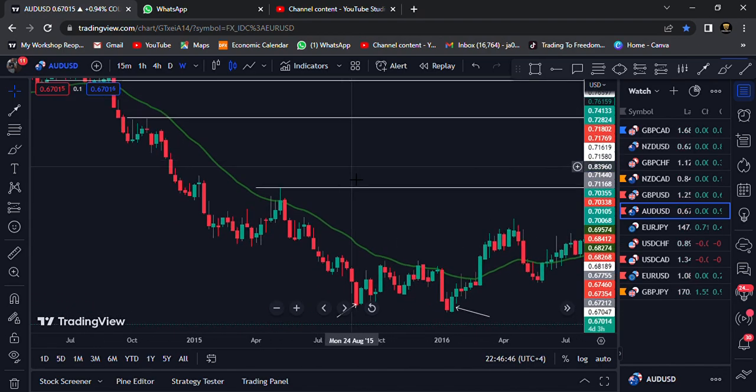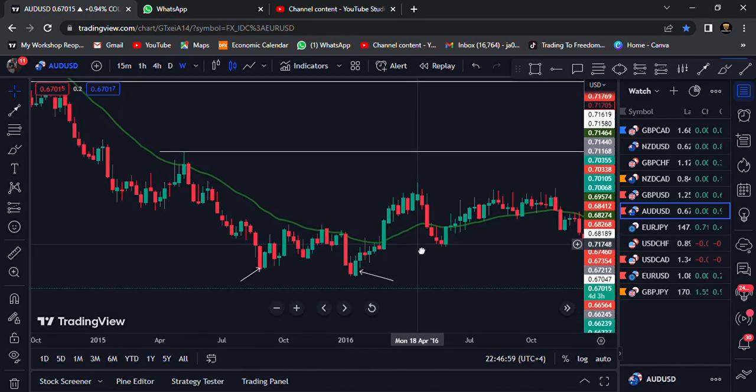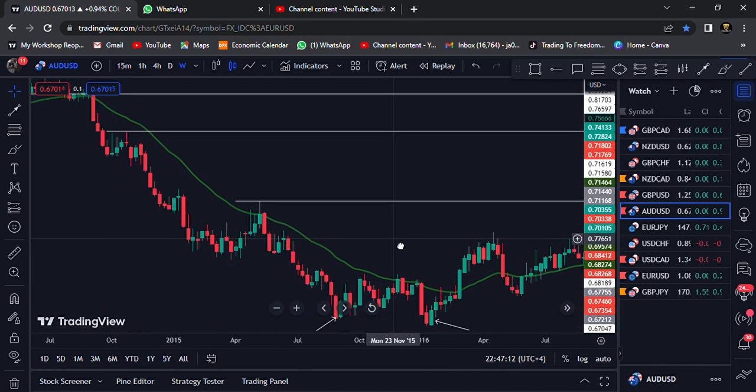But this is the funny thing. Remember, this candle didn't reach here. So if I'm taking profit up here, then maybe price reaches here, I'm in profit, but I'm gonna hold because I'm very sure price is gonna reach up here. Then it comes back, then maybe it goes down and it hits me out. So it happens all the time.